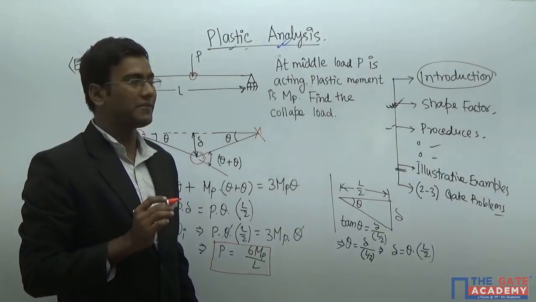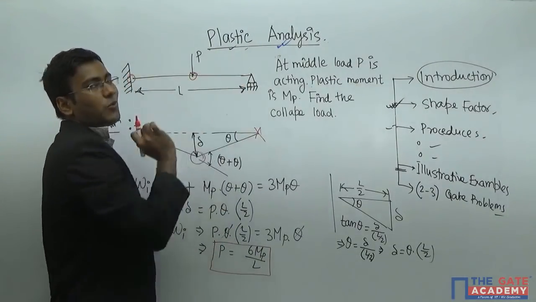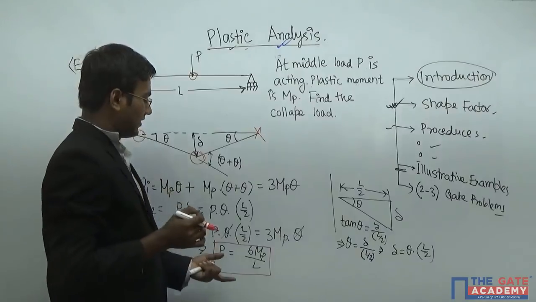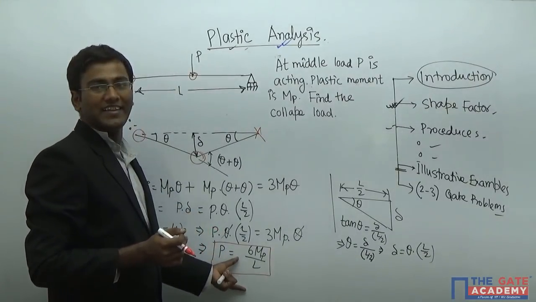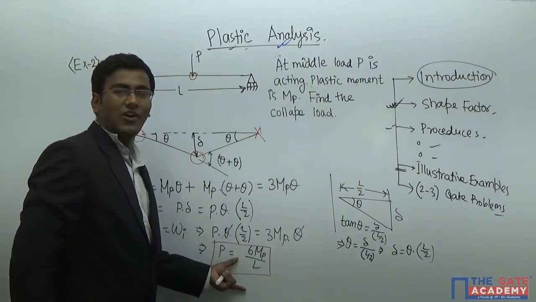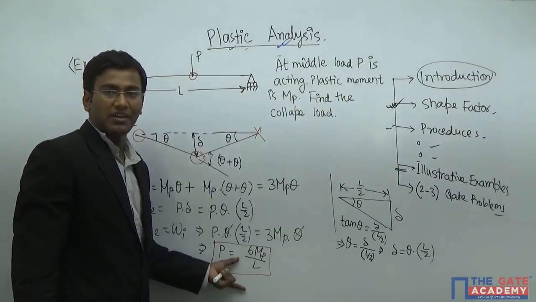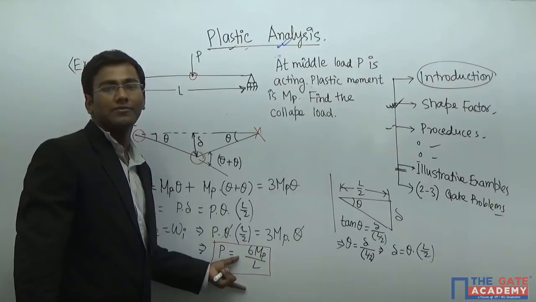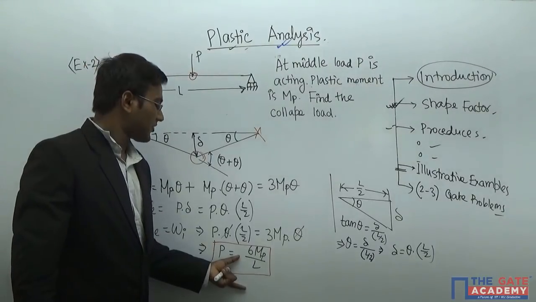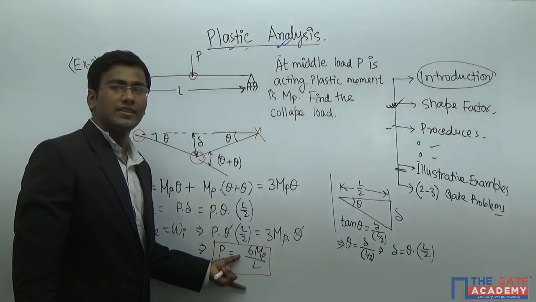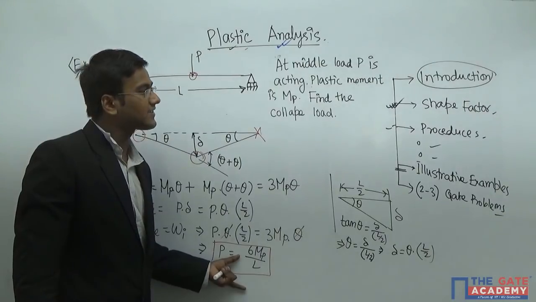So this is the basic difference if the fixed portion is converted to a roller. 6 MP by L. Simple. Only one change, and there is a lower value of collapse load. These are the basic things of plastic analysis.